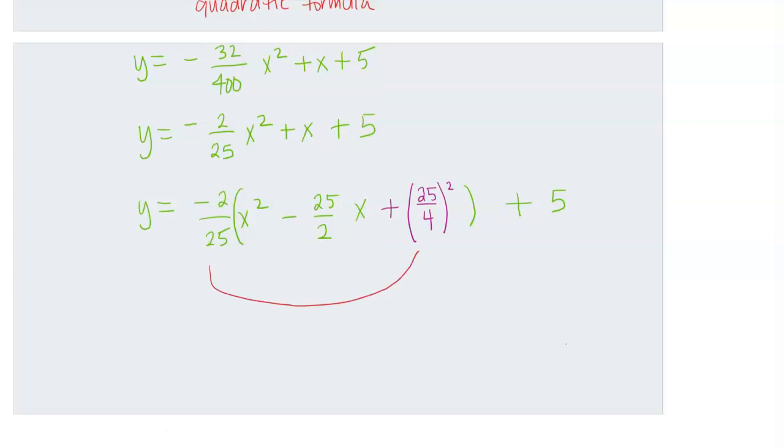In the examples that we were doing before, we would put the same number on either side of the equation. In this case, we're going to put everything on the right side. So the net effect I have here is negative 2 times 25 multiplied by 25 squared over 4 squared, right? Let's figure out what that value is. Let's grab a calculator.